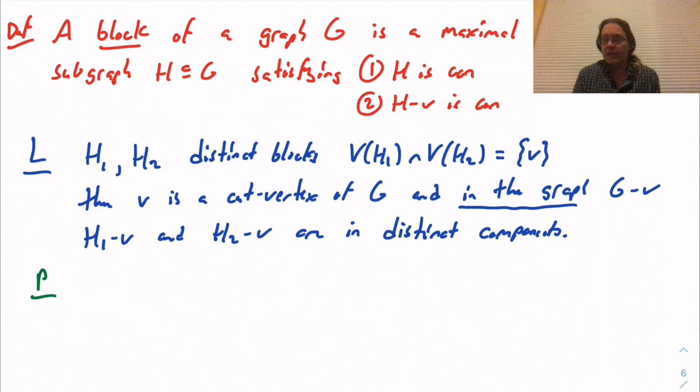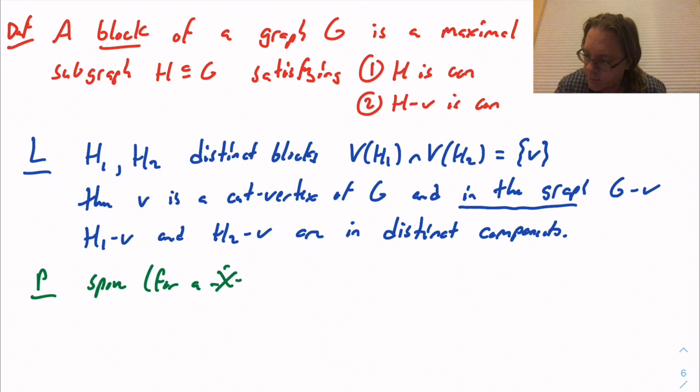What's happening? Well, let's assume not. Suppose for a contradiction that this is violated. Suppose that when you delete the vertex V, H1 minus V and H2 minus V are in the same component.